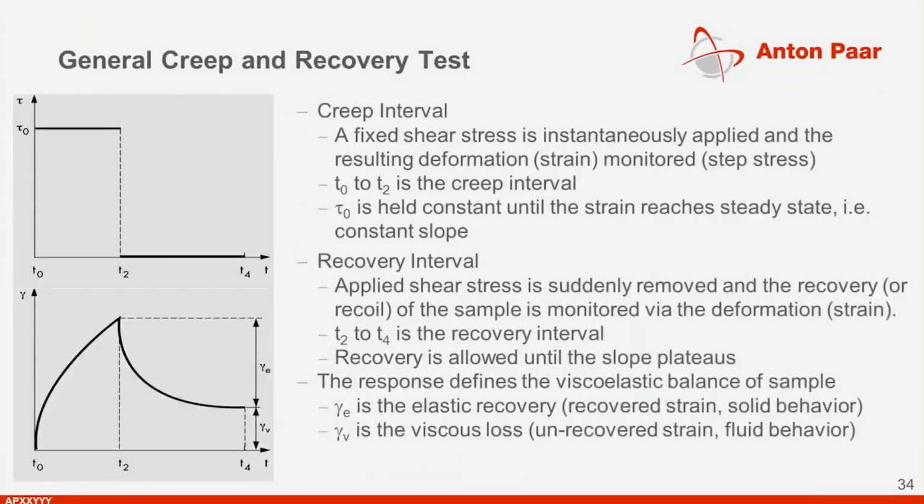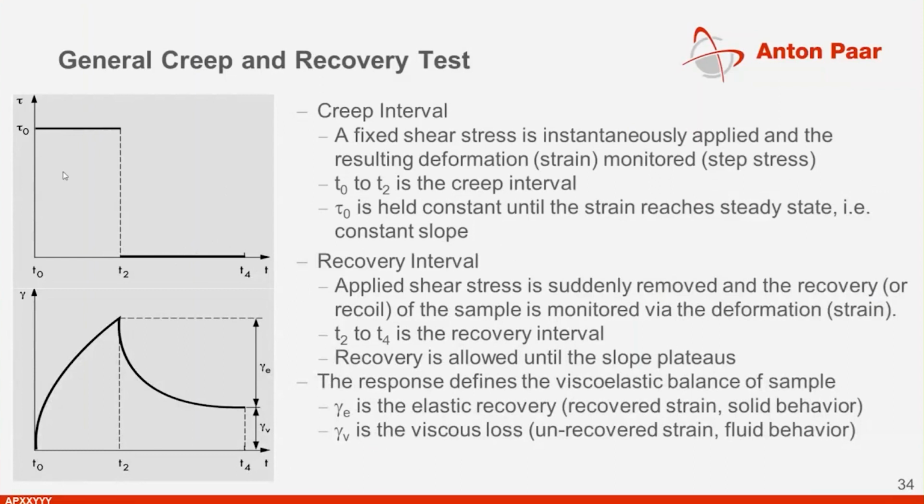So a general creep and recovery test can be seen here. We are setting a stress, tau in this case, for a certain time. And directly after we applied this force, we are measuring the recovery of the sample, and we are applying no force at all in this step.